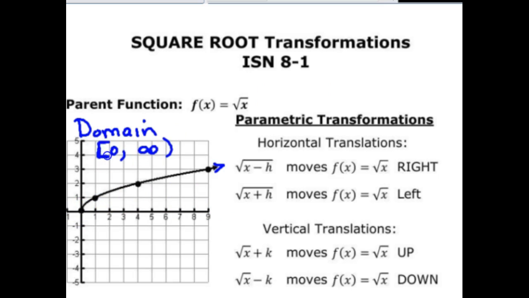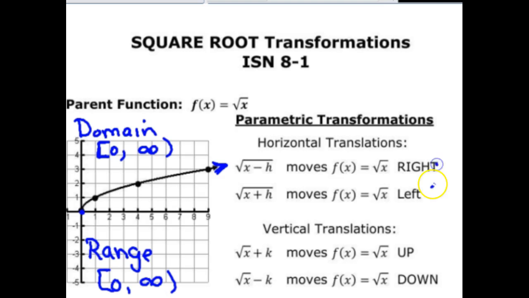It's a square bracket because that's a closed point right here, a closed dot. Now, not only is that arrow pointing to the right, it's also pointing up, because these numbers are getting bigger each time. And so the range is also 0 to positive infinity.